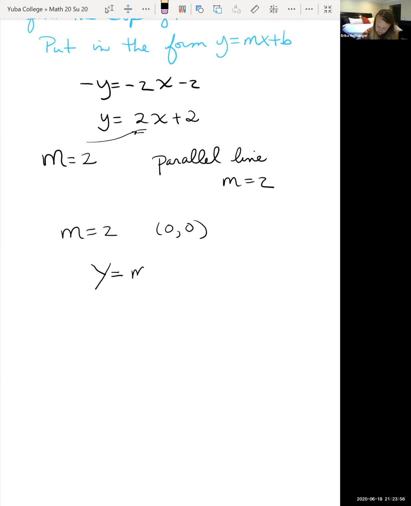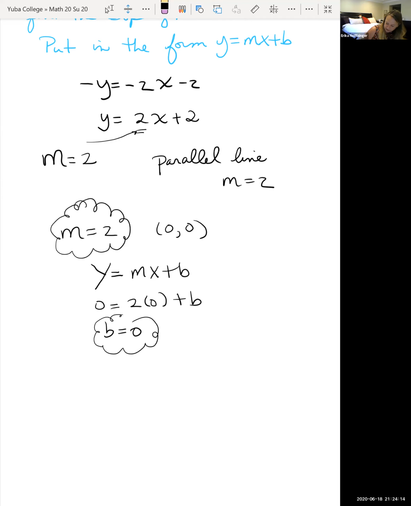So y, which is 0, equals our slope 2 times x, which is 0, plus b. So b would have to be 0. We're not quite done; we want the equation of the line.